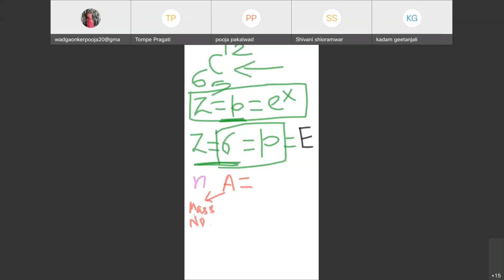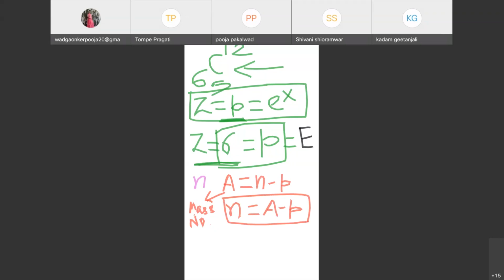Sorry for the bad handwriting, I'm writing with my fingers, as you know very well. So A is equal to N plus P, but when you want to calculate the N value, the formula becomes N equals A minus P.